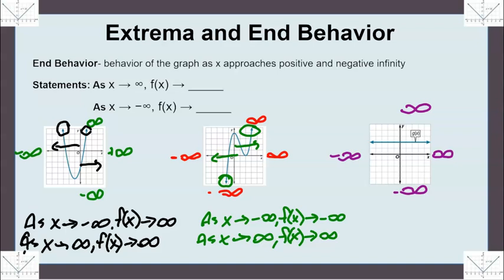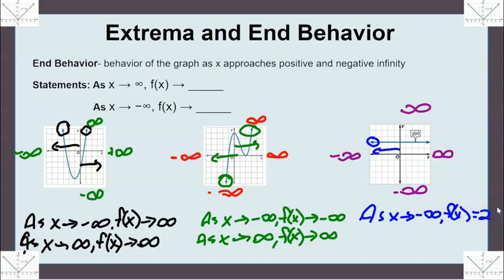So now I have as x approaches negative infinity, so when I go to the left, where's the arrowhead pointing? It's going straight to the left. It doesn't go up, it doesn't go down, it stays at 2. So we would say f of x is going to equal 2.